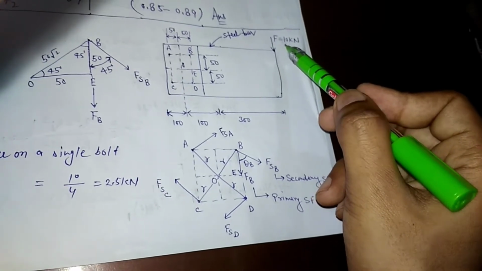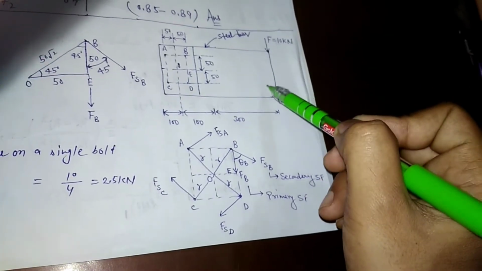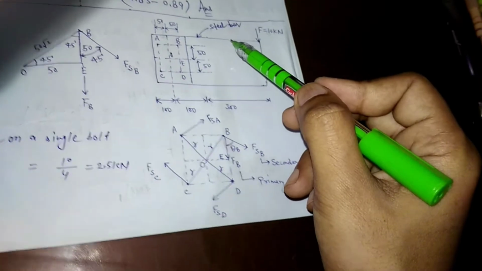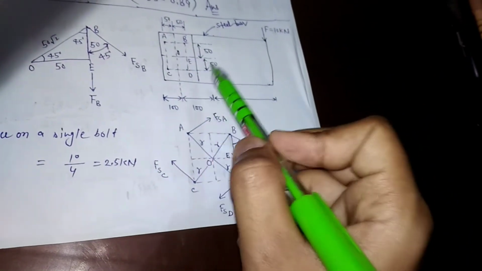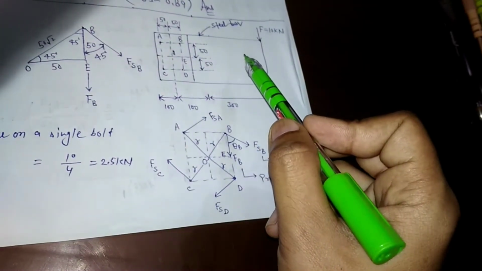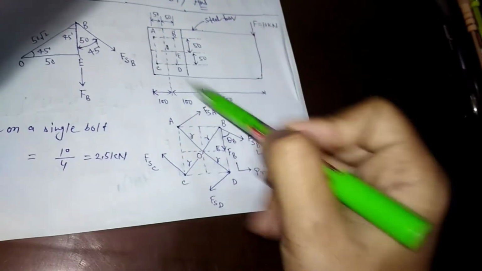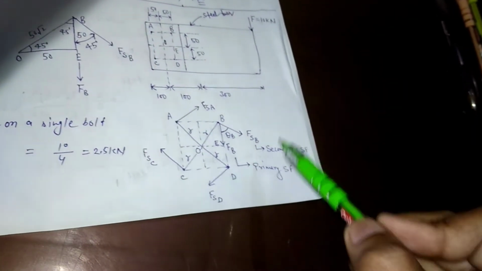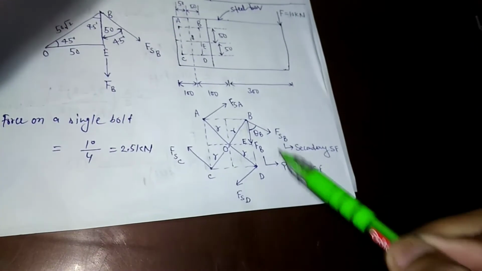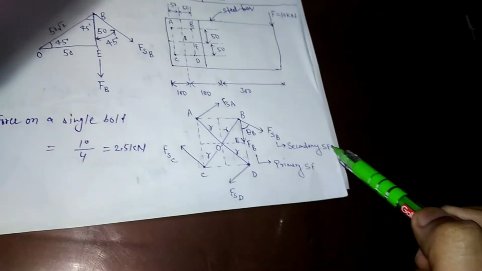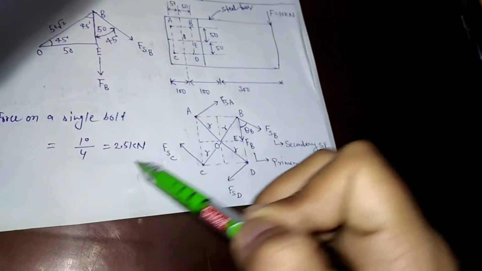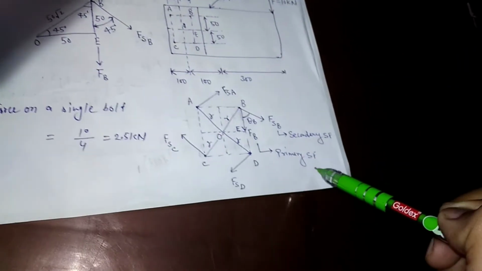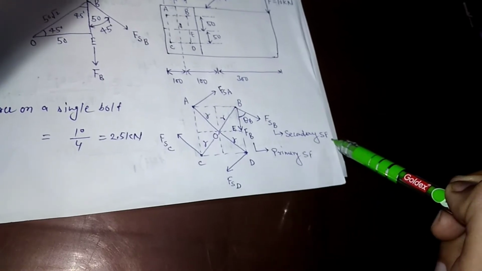When this force tries to rotate the steel bar, then these four bolts, bolt A, bolt B, bolt C, bolt D, will also be rotating in clockwise direction. So there will be another force on each and every bolt, that is the secondary shear force. This is the primary shear force, and this is the secondary shear force.